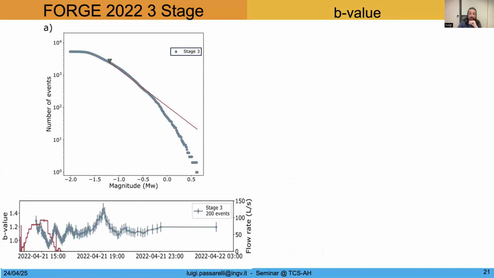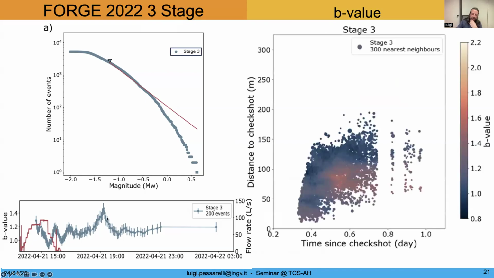The first analysis that we did was Gutenberg-Richter, just as an observation to see whether the Gutenberg-Richter model can explain some of the features of the seismicity. We did an estimation of the Gutenberg-Richter in time and in space, grouping together 300 neighboring events.